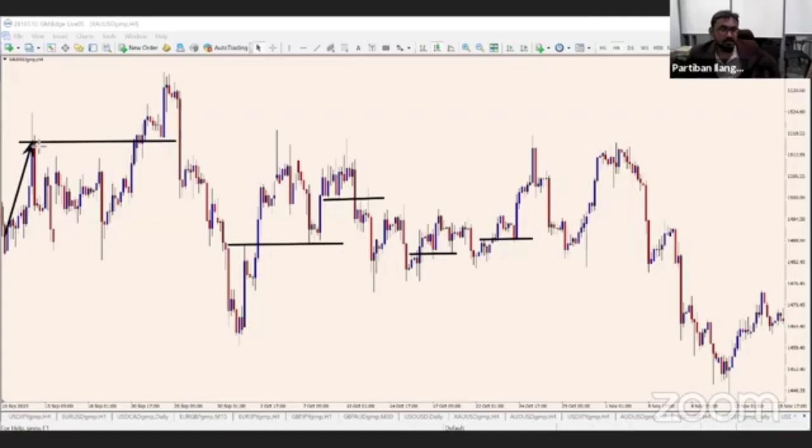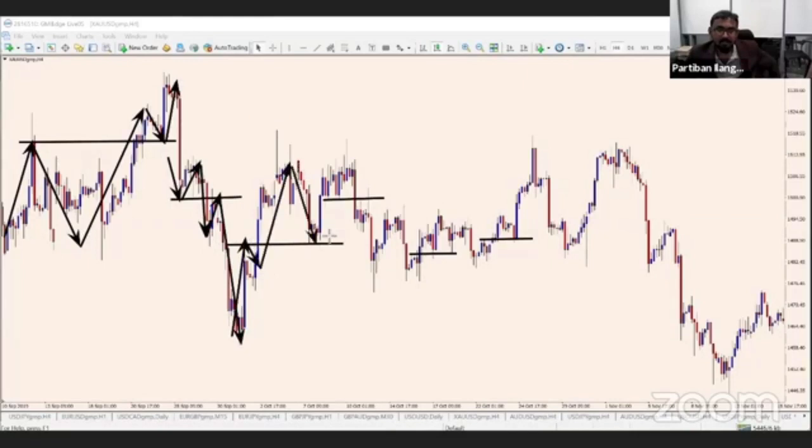market tried to penetrate, failed, penetrated, retest, advance. There's a few PRA, in fact, PRA, PRD over here. Market tried to penetrate, failed, penetrated, retest, drop. Market tried to penetrate, failed, penetrated, retest, advance.